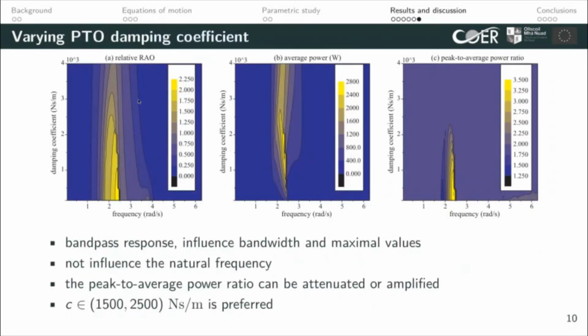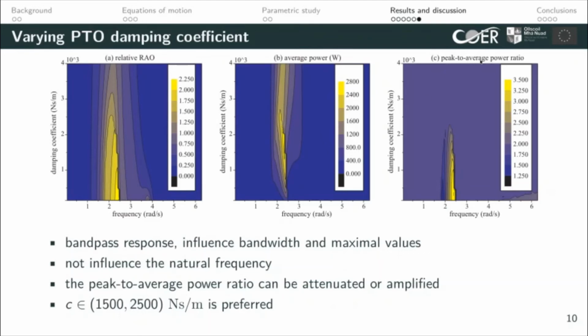And of course, we can adjust the PTO damping coefficient. The system performs like a bandpass filter, and the damping only influences the bandwidth and the maximum values, and it never influences the natural frequencies. In figure B, the bandwidth increases, and then the peak value increases first and then decreases. It means that there will always be an optimum damping to achieve power maximization.